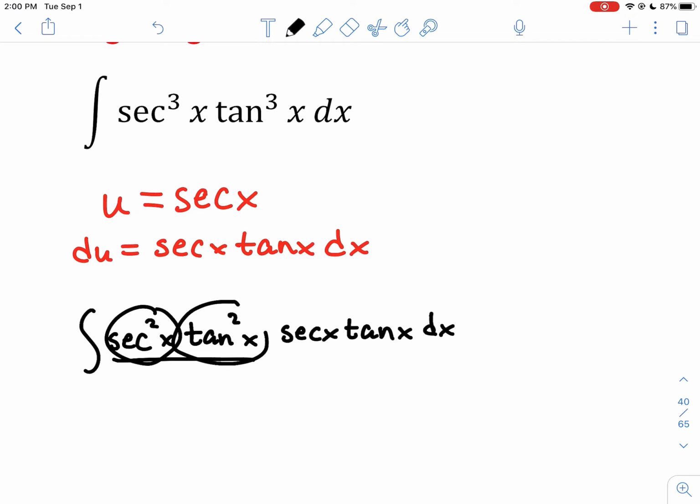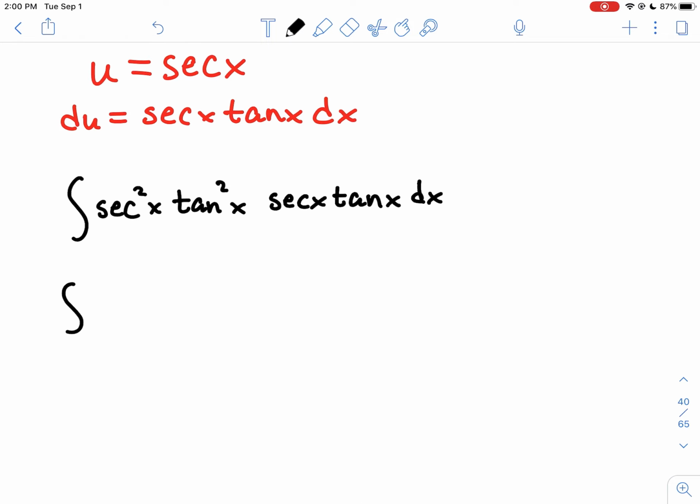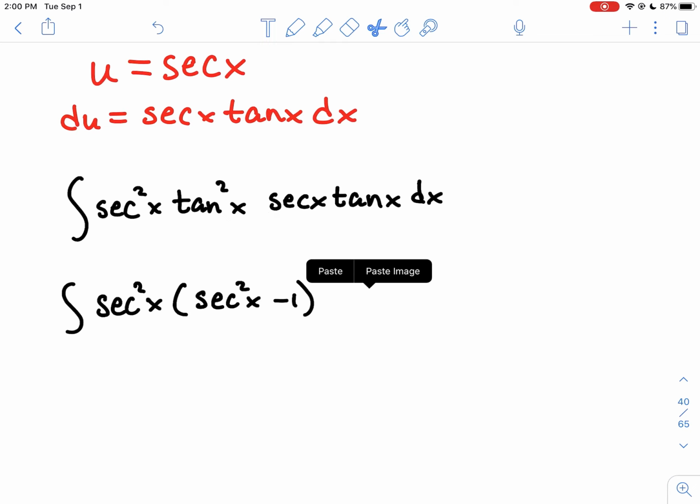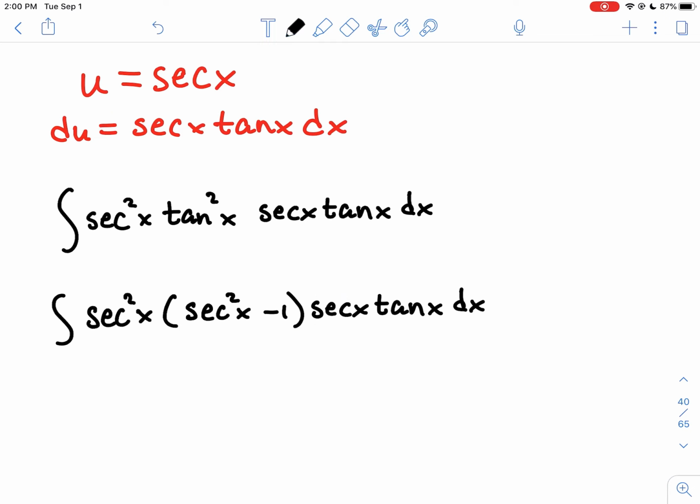Okay, now that leaves me over here. This part's just going to become u squared, but this one, there's no help here with my u. But if I do Pythagorean identity on that tangent squared, change the tangent squared to secant squared minus 1, and then the rest of this here gets repeated. Now I'm fully prepped to convert entirely to u's and du's. I see a u squared minus 1, and then I see a du sitting right there. So the integral of u squared times u squared minus 1, and then du.